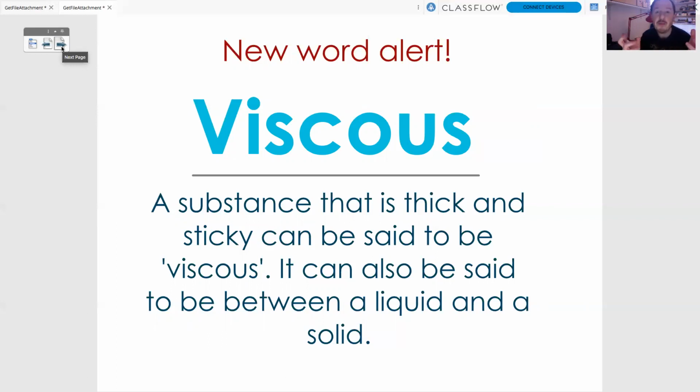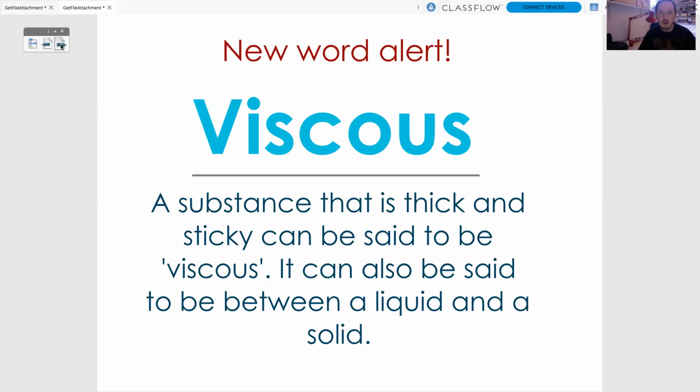Now, when something's viscous, it means that it's a substance that's thick and sticky. We can call that a viscous substance. It could also be said to be kind of halfway in between a liquid and a solid. If you can think of any liquids that are kind of halfway in between a liquid and a solid, you could say that was viscous. Look out for that. That word is going to appear later.